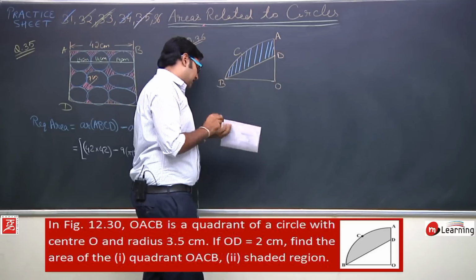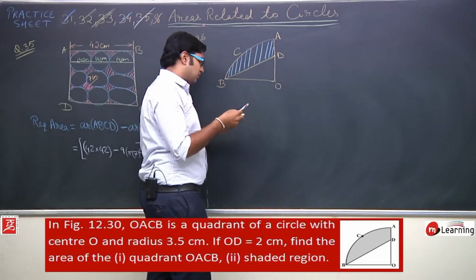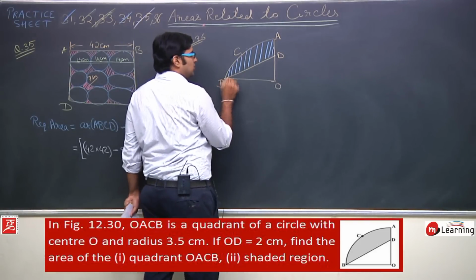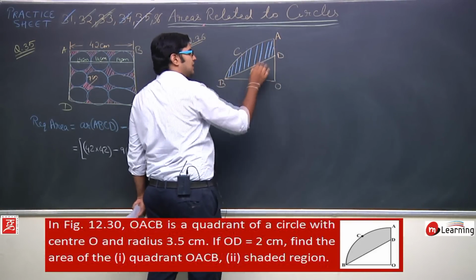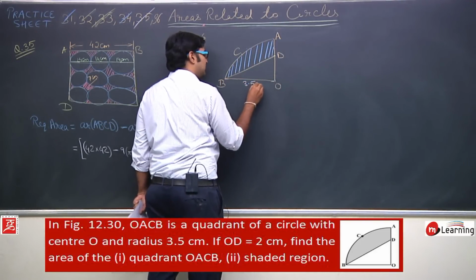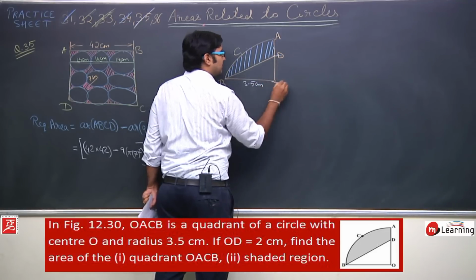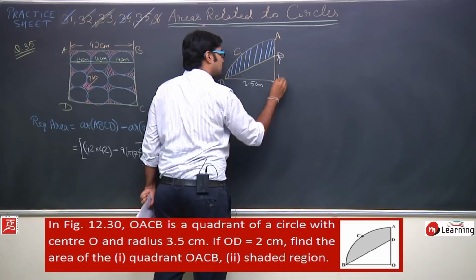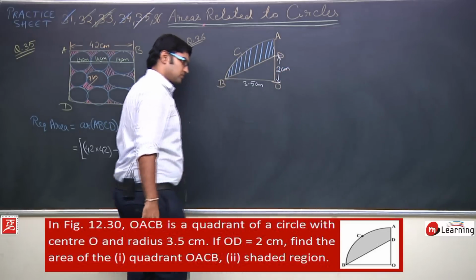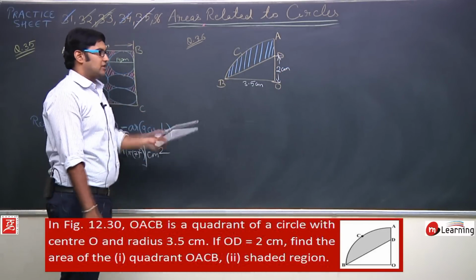It is also given that the radius is 3.5, so OB or OA, both are 3.5 centimeters, and OD is given as 2 centimeters.